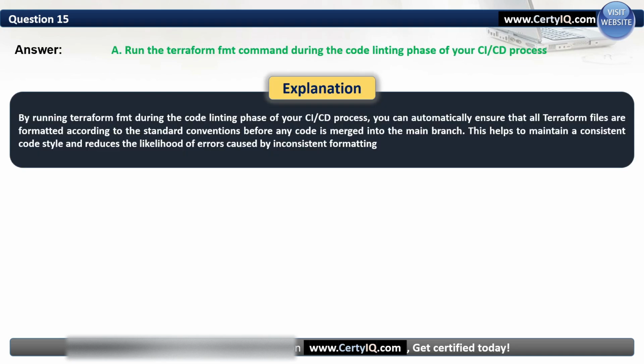By running terraform fmt during the code linting phase of your CI/CD process, you can automatically ensure that all Terraform files are formatted according to the standard conventions before any code is merged into the main branch. This helps to maintain a consistent code style and reduces the likelihood of errors caused by inconsistent formatting.